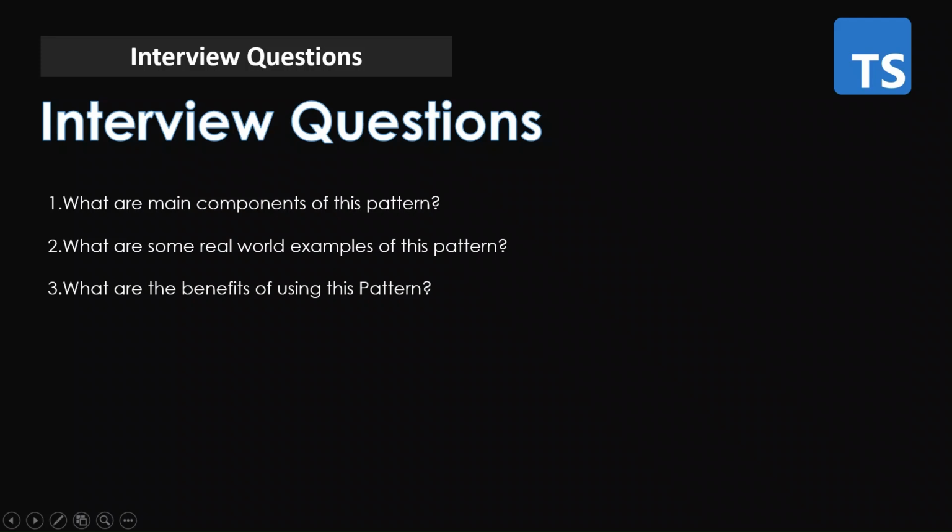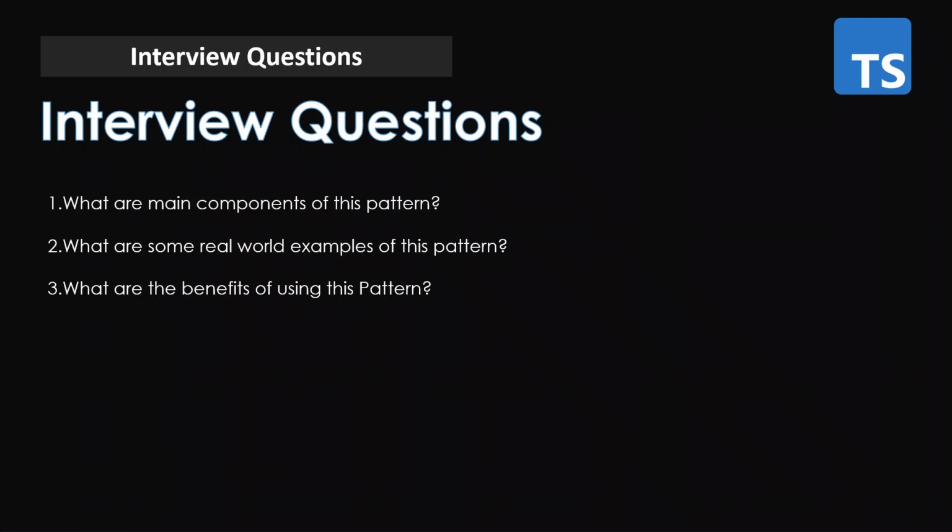What are the benefits of using this? Benefit is that there is a kind of uniformity because it provides you a standard way to traverse different types of collections, and there is one encapsulation benefit as well. So internal structure remains hidden. I mean, you don't know what is happening internally.